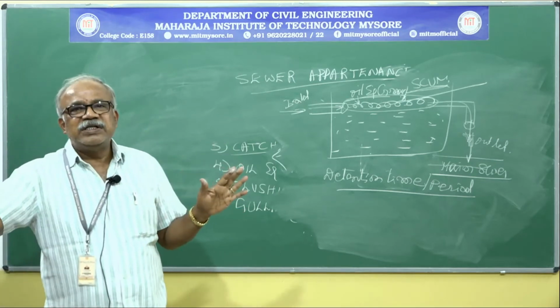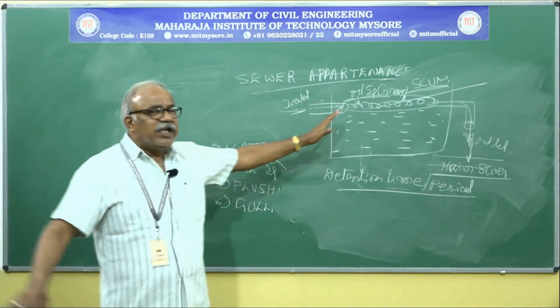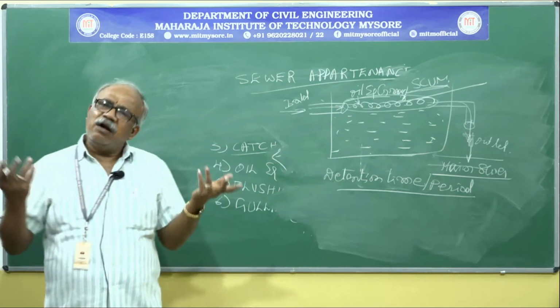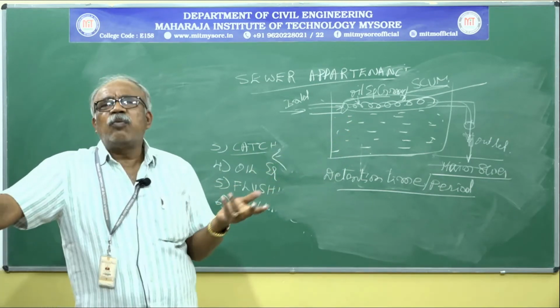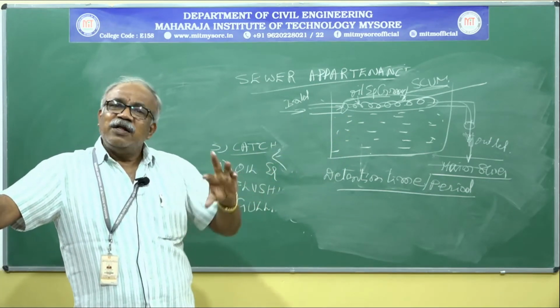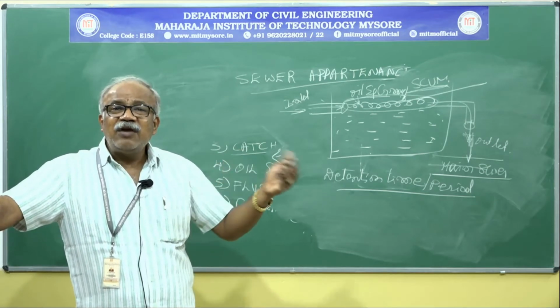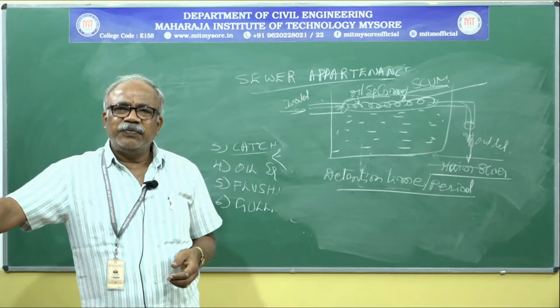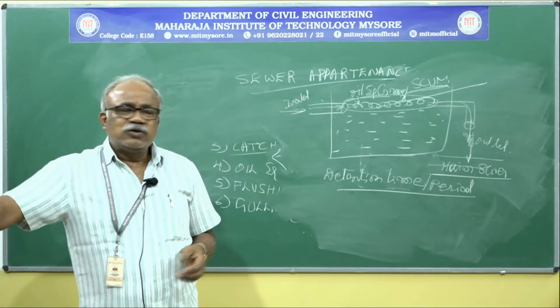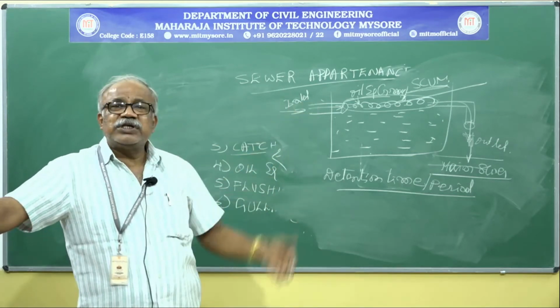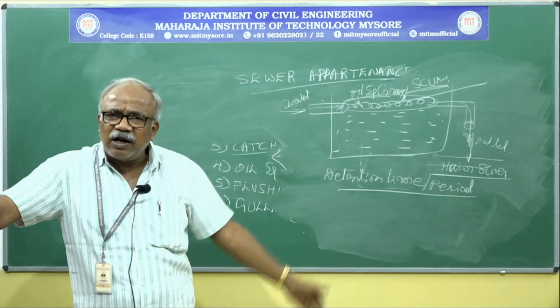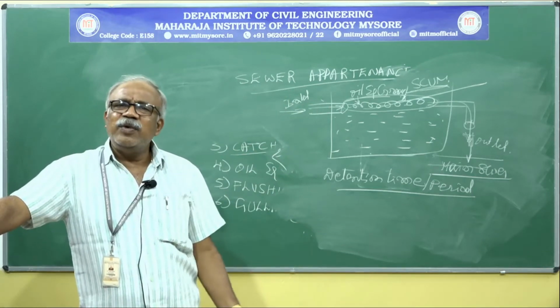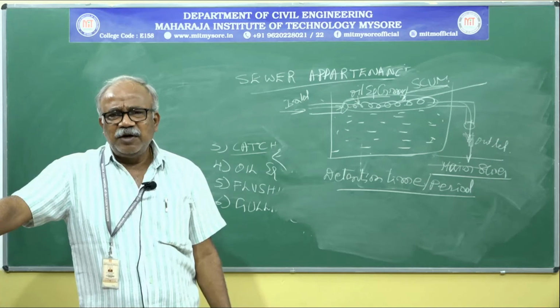Join the main sewer. Hence, there is no question of clogging or blocking the sewer, and no question of reacting with other wastewater. If we connect directly to the main sewer without removing the oil and grease, reactions will take place.